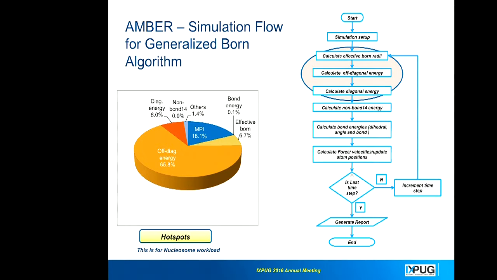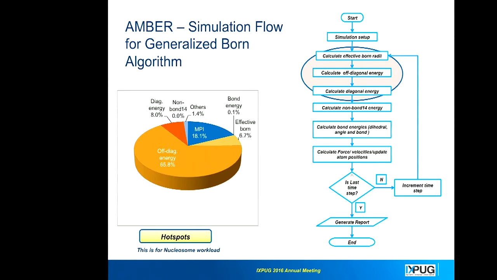So when we did profiling using ITAC and VTune, this is what we found for KNC. We started with the implementation on a KNC. The MPI overhead was about 18%, and this calculation was taking 65% of the time, and the rest was divided among diagonal energy and Born radii calculations.